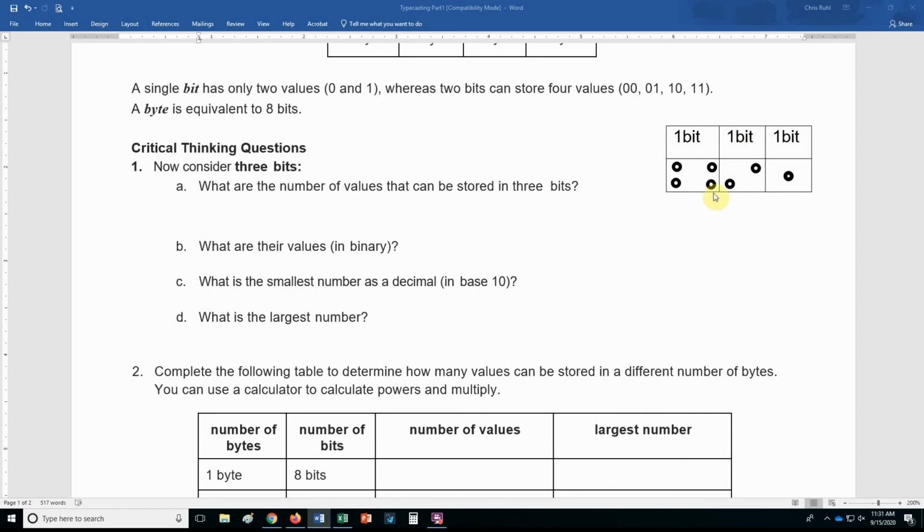This next bit, well, you could store a 1, 0, 0, a 0, 1, 0, a 1, 1, 0, a 0, 0, 1, a 1, 0, 1, a 0, 1, 1, or a 1, 1, 1.